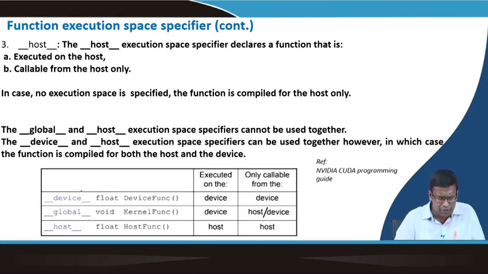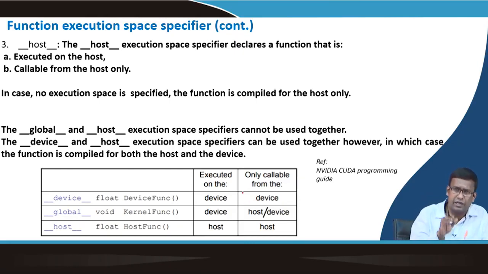Well, if we summarize it, the execution specifiers: for device, it can return anything. A device function will be executed on the device and called from the device. It is called from the GPU, executed on the GPU, and the GPU can write to GPU memory.